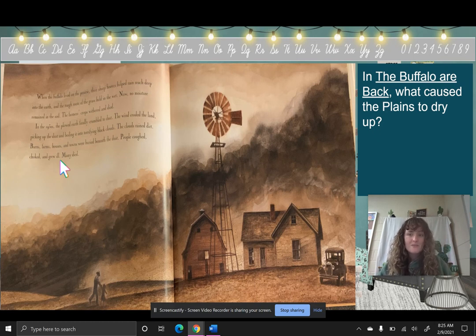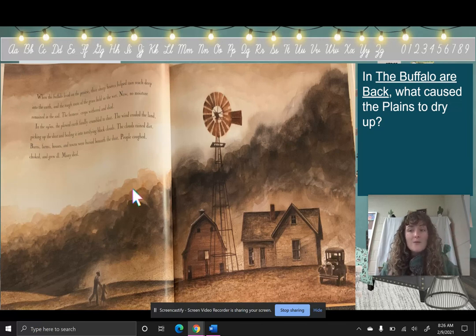Many died. All right, so I want us to go back and think about what caused the plains to dry up. When the buffalo lived on the prairie, their sharp hooves helped rain reach deep into the earth, and the tough roots of the grass held in the wet. Now, no moisture remained in the soil. The farmers' crops withered and died.